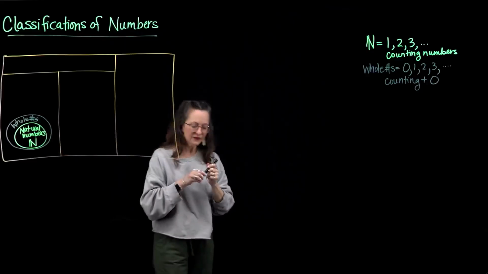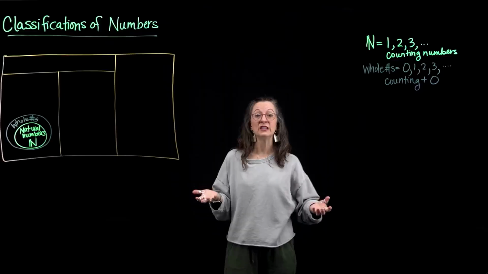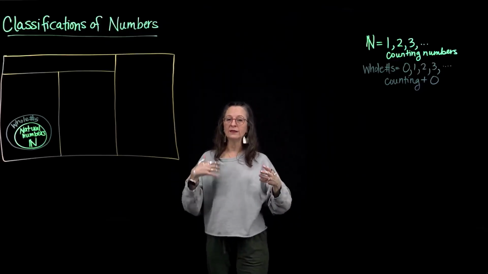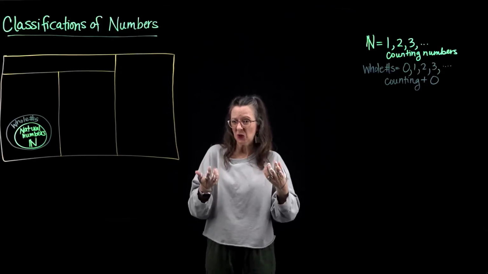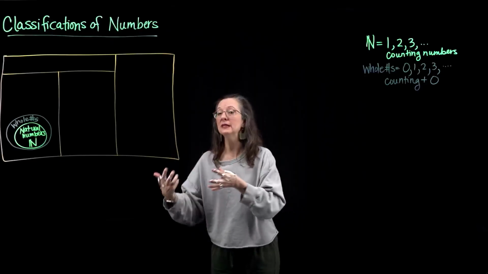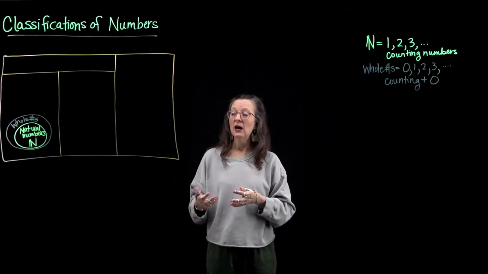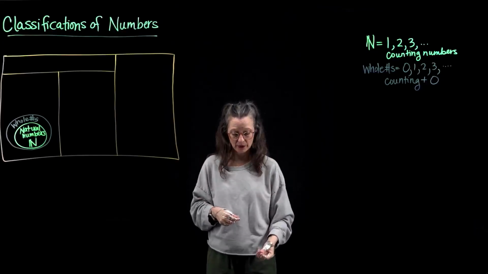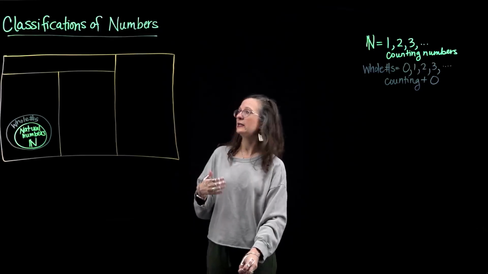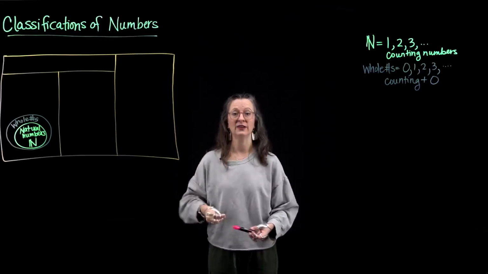So after people introduced the concept of 0, well, then they introduced the concept of lack. We don't have something. We are missing something. And that would be our negative numbers. So we needed a way to describe lack of things.